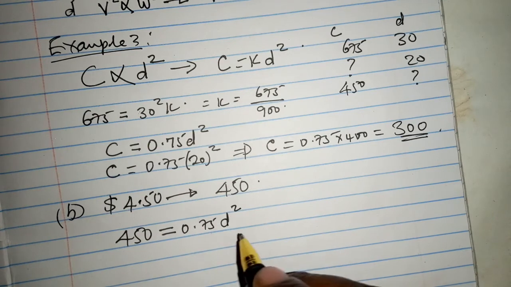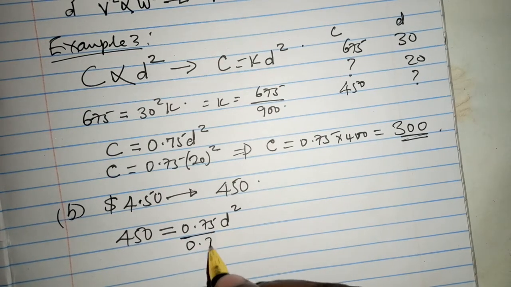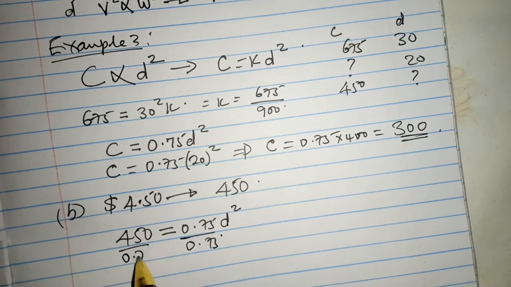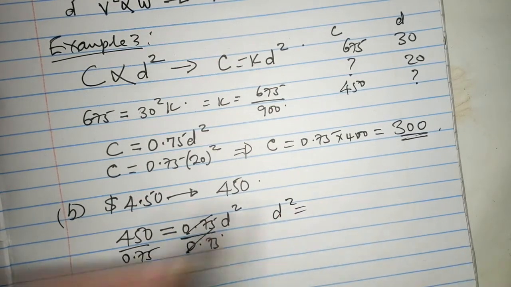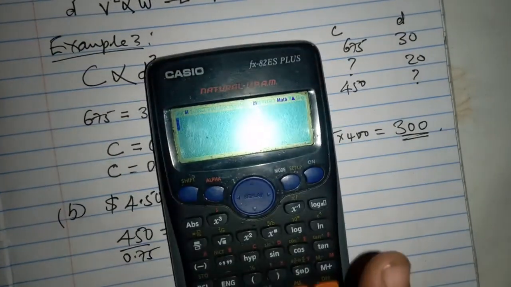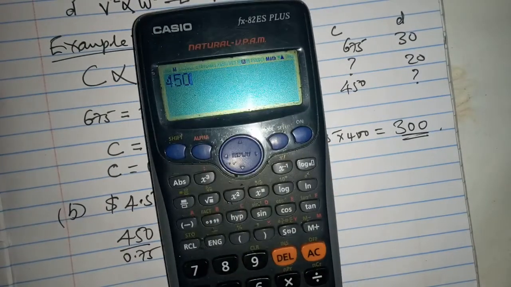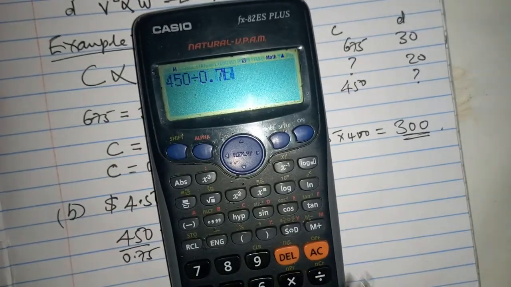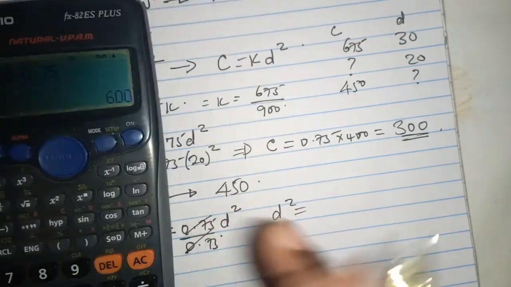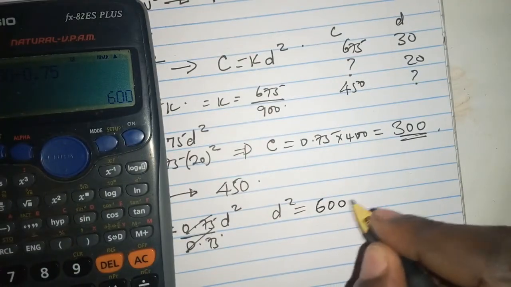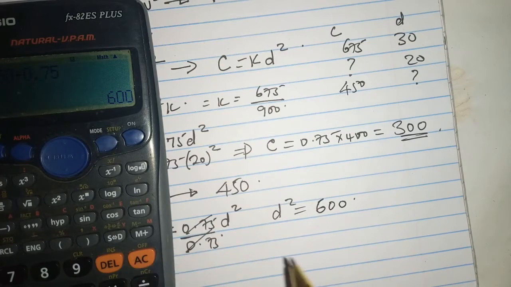Now, if you divide both sides by 0.75, you realize that d squared is 450 divided by 0.75, which is 600. And of course, this is d squared.